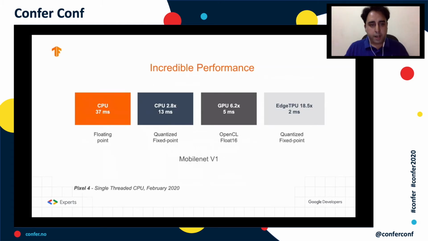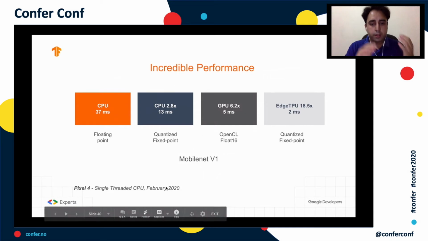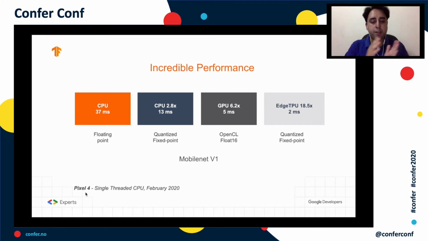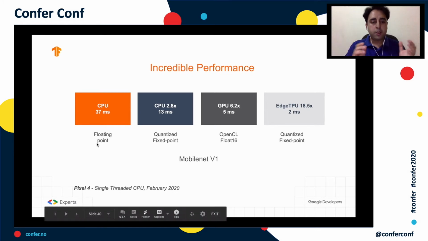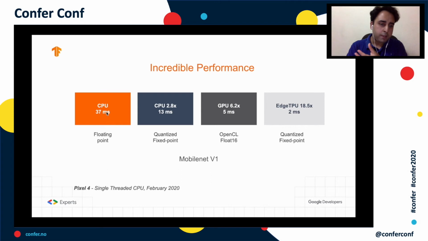And to get a better idea, take the same MobileNet V1 model running on a Pixel 4 device with a single threaded CPU. If this model is a floating point model running on the CPU, then the inference time is 37 milliseconds.